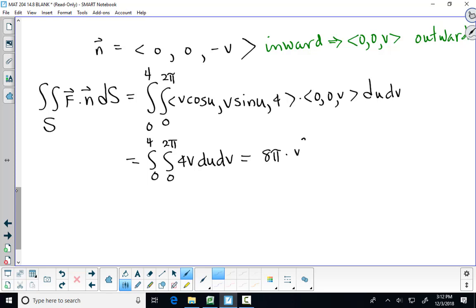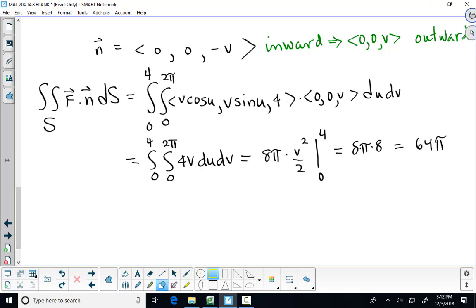We get v squared over 2, from 0 to 4. So we end up with 8 pi times 8. So we get 64 pi. So that lines up with the divergence side of it. Very nice.